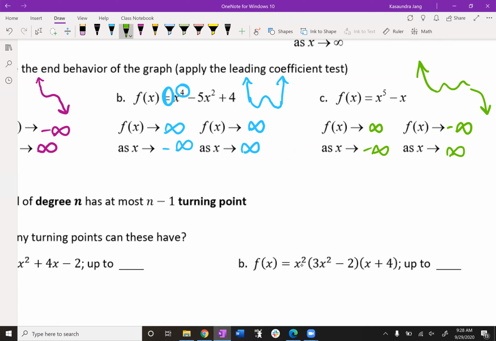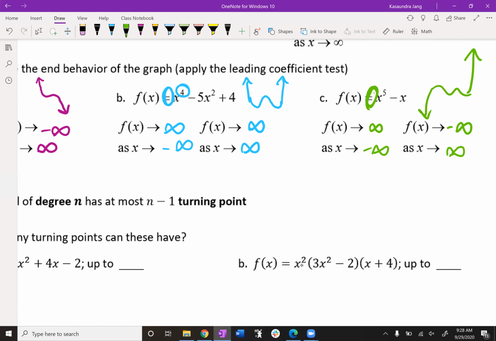This is super close. It is split because you have an odd degree. However, I think it should be split in the opposite direction. Notice there's a positive coefficient. So I do want it split, but I want the right side going up and the left side going down. You get what I'm saying?